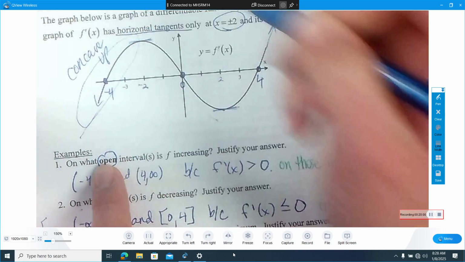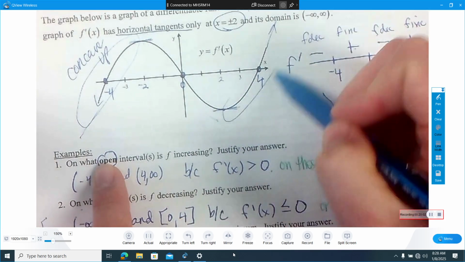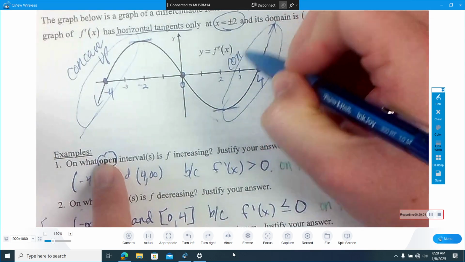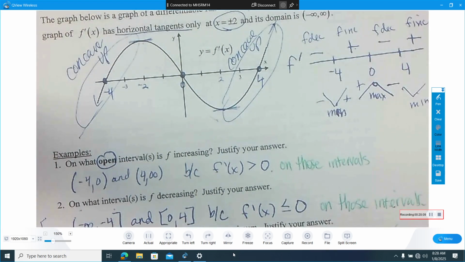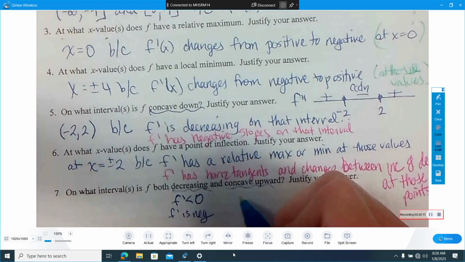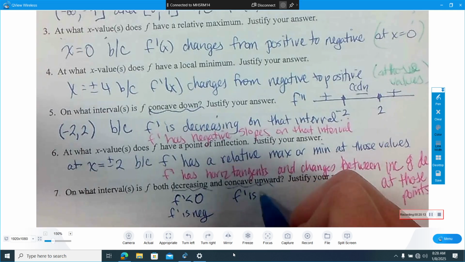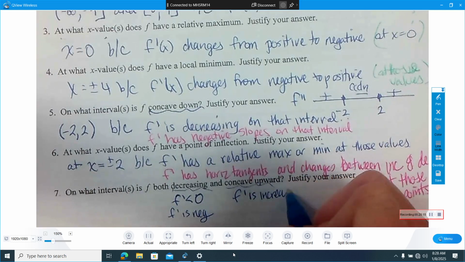So this whole region would also be concave up, where we're increasing. So let's see, to be concave up, f prime is increasing.